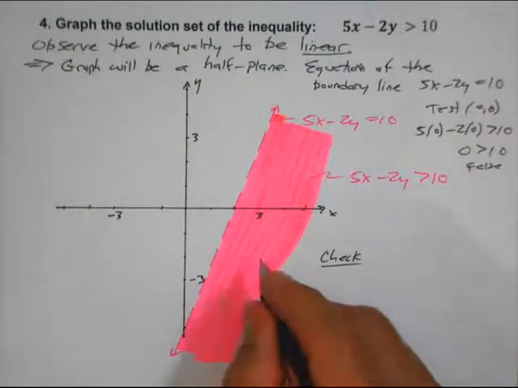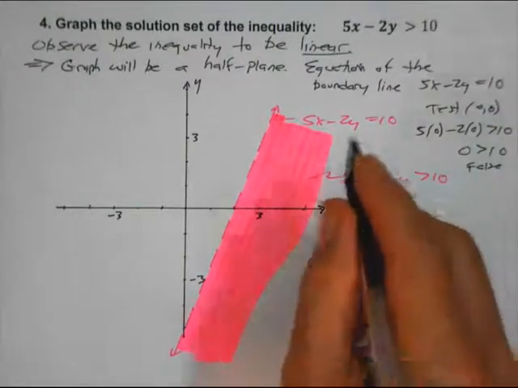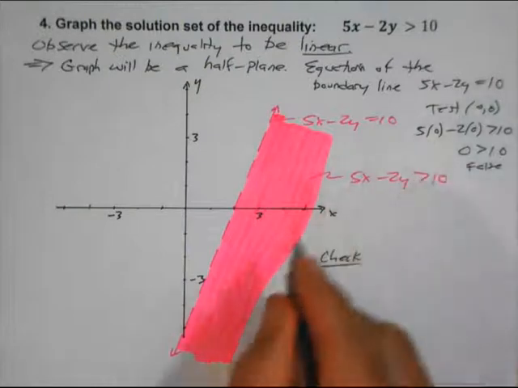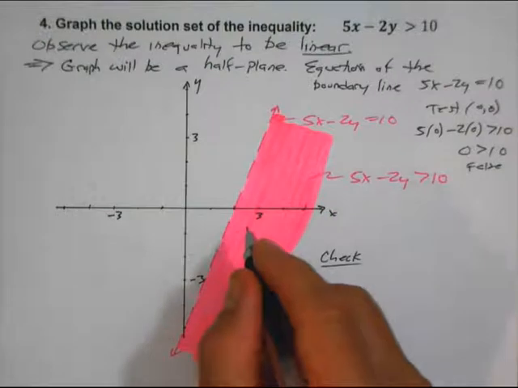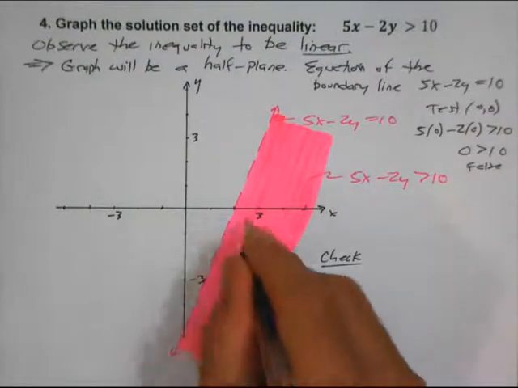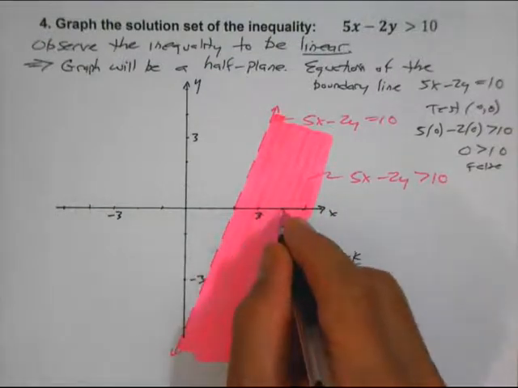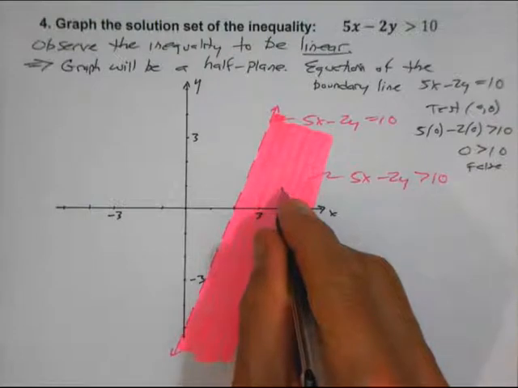Alright, now since we used (0, 0) already as a test point to see which side of the line to shade, let's do something else here. Let's take, it's arbitrary, but let's go (4, 1), a point clearly in the shaded region.